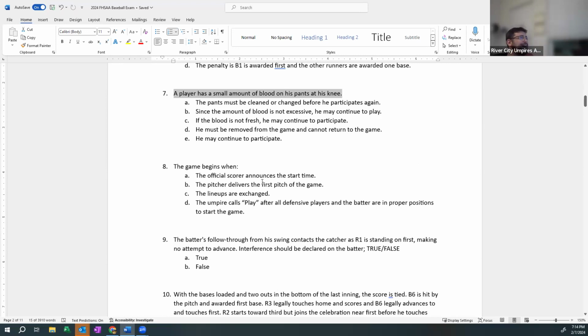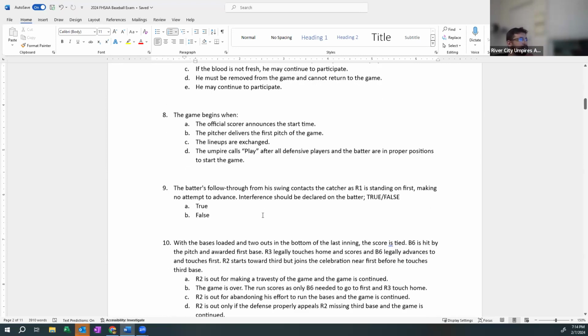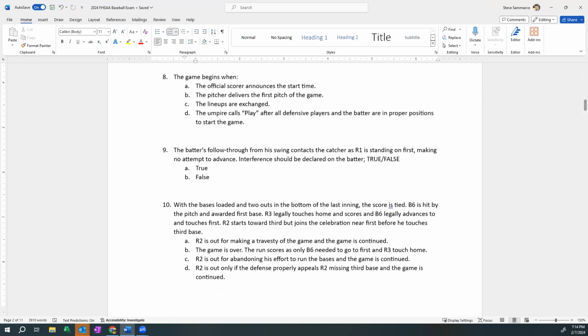The game begins when? When does the game begin? When does our jurisdiction start? When we walk on, no, when the game begins. When the game begins, but when does the game begin? That's like rule 1. Who the hell looks at that? I know, right? It's rule 3, somewhere.